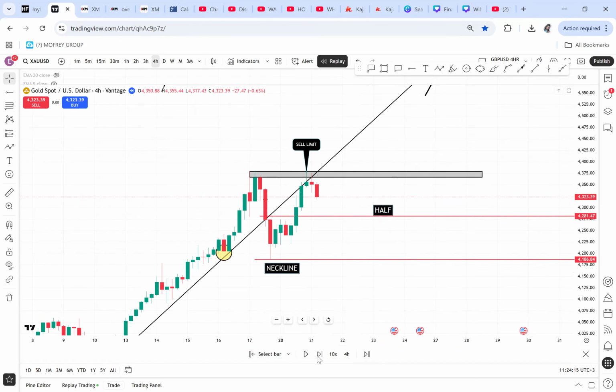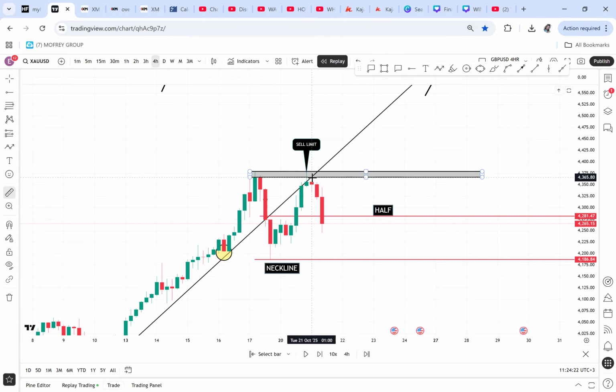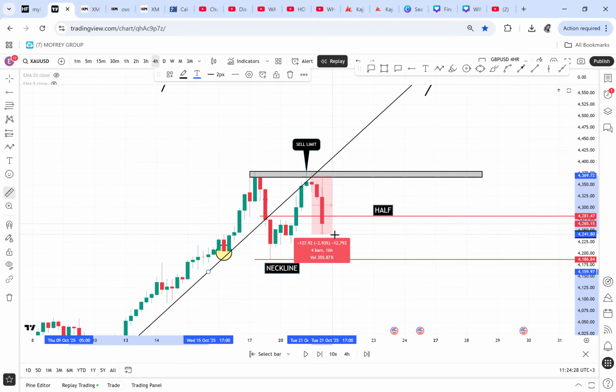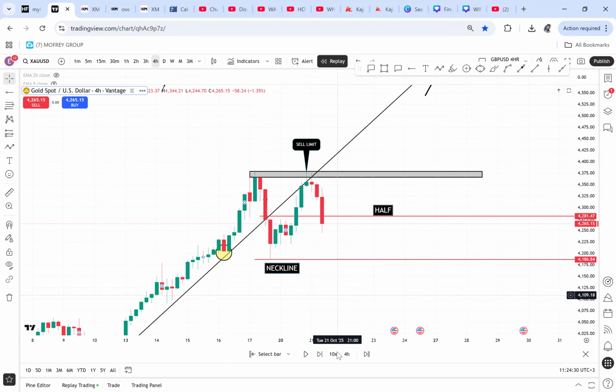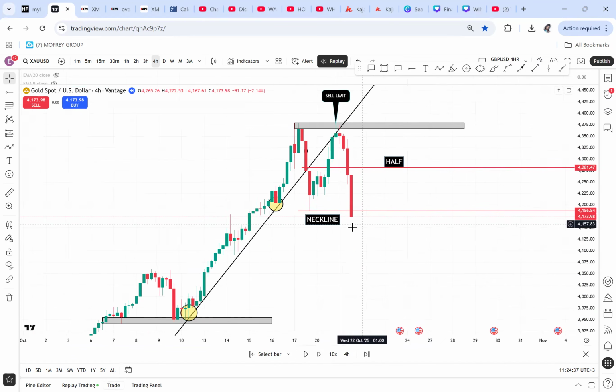So you can see this trade that you entered here, the double top that was activating the trend line, it was retesting the trend line. It alone, you made more than 1,000 pips. And once the half was broken, the market came all the way and broke our neckline, guys.